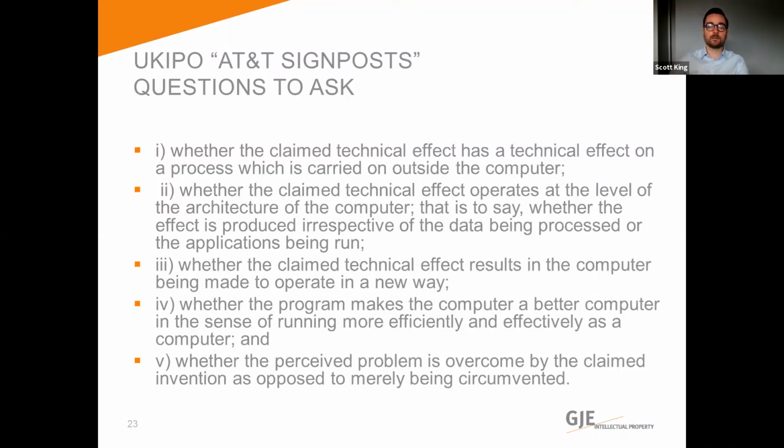So if the answer to any of these signposts is yes, then it's likely that the invention is technical. So when considering patenting a computer implemented idea, I often find it useful to look at these signposts and consider them as if one of them is met, then we probably have a good chance of avoiding this exclusion.